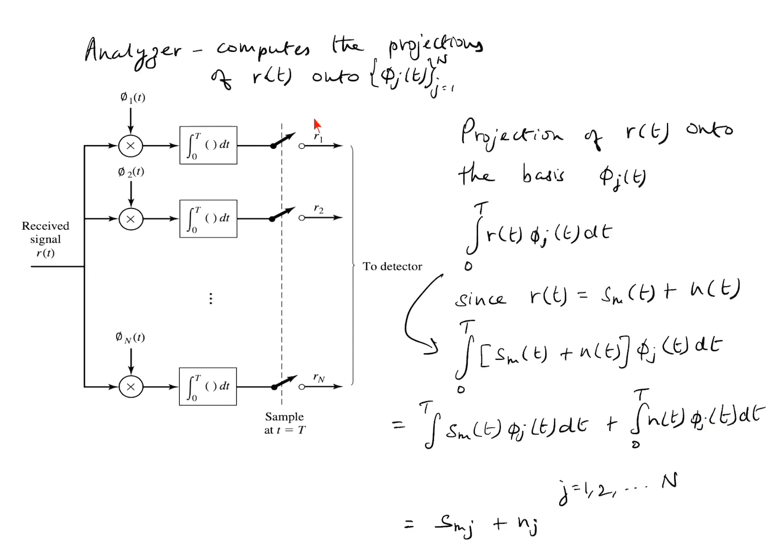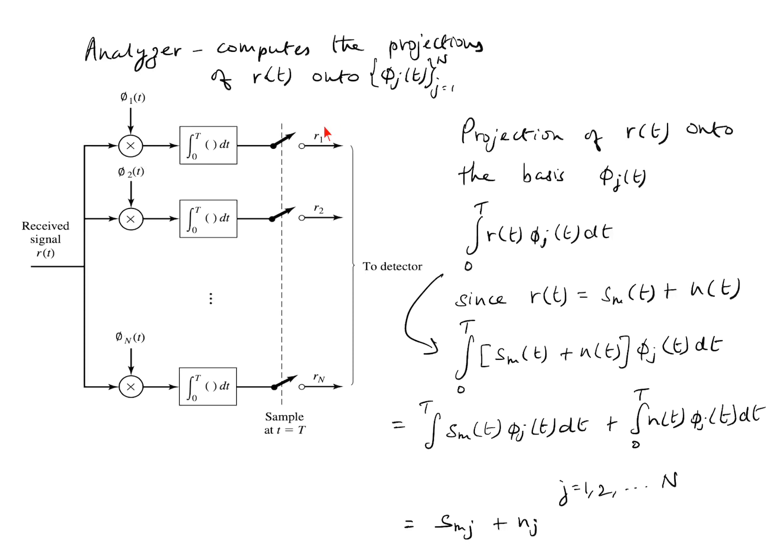So each of these projections R1, R2 up to Rn, which denote the projections of the received signal onto each of the basis functions, is nothing but the sum of the projection of the transmitted signal on the corresponding basis function and the projection of the noise signal onto the corresponding basis function. That means R1 is equal to Sm1 plus N1, R2 will be Sm2 plus N2, and so on and so forth.